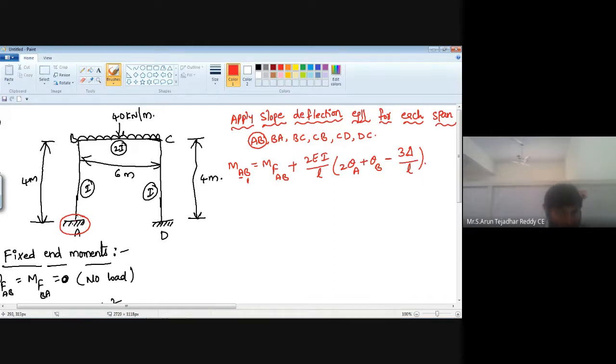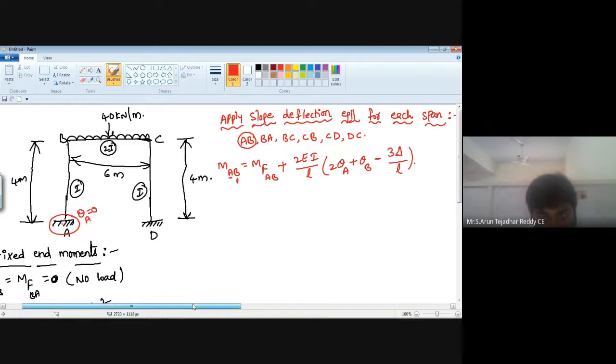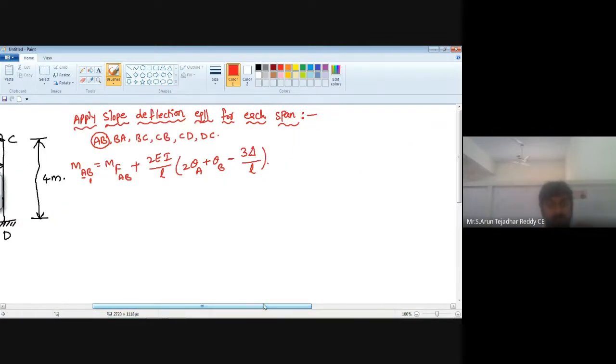So the slope at this point is 0. I can write theta A is equal to 0 because it is fixed. When the point is a fixed support, we don't have any slope at that particular point. Directly I can substitute theta A is equal to 0, because it is fixed.